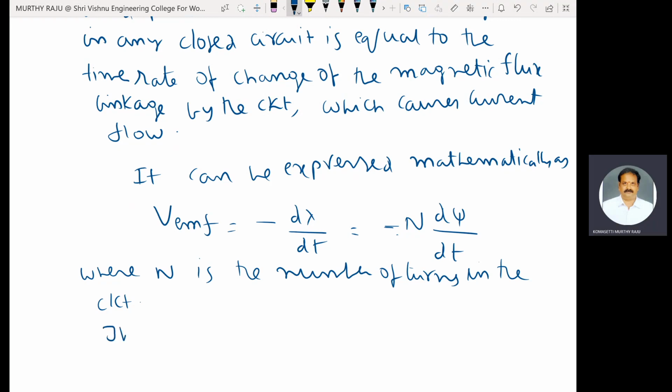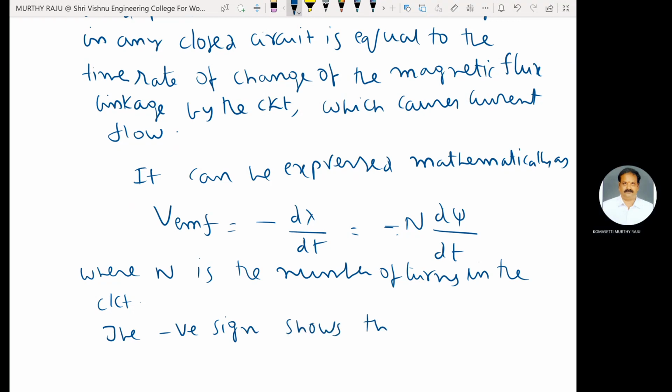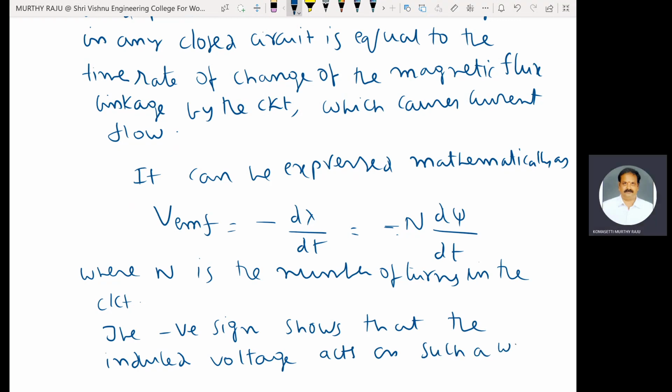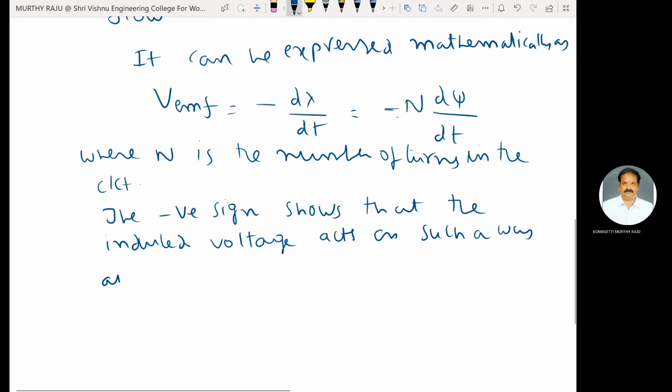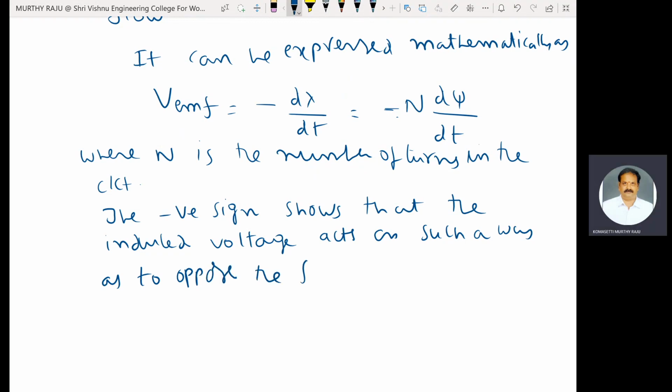The negative sign shows that the induced voltage acts in such a way as to oppose the flux producing it.